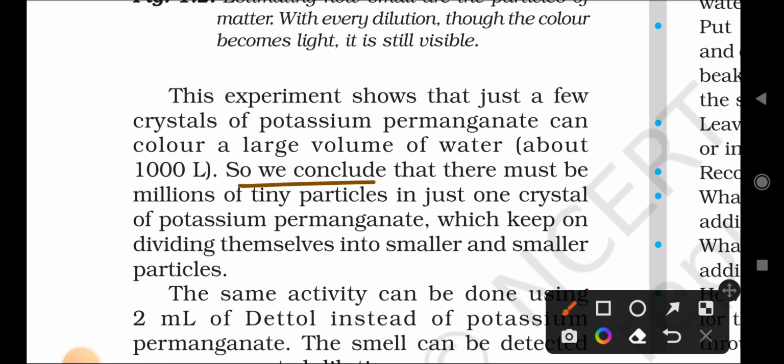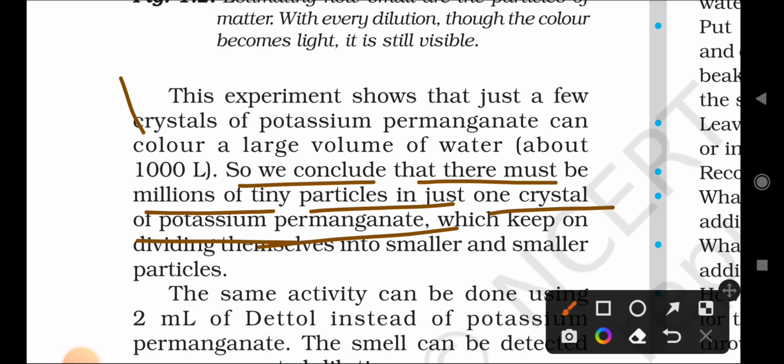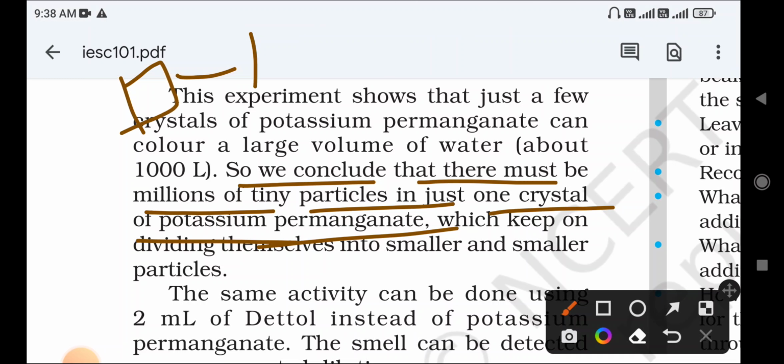So we conclude that there must be millions of tiny particles in just one crystal of potassium permanganate. One crystal is a small crystal, and it contains millions of tiny, very small particles.